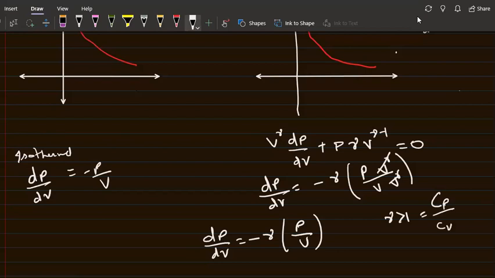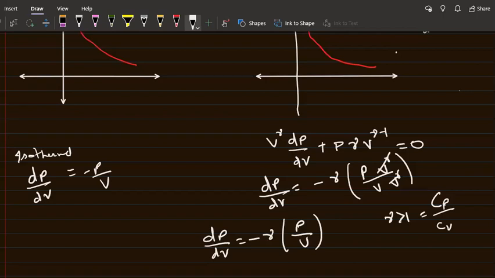So gamma is always greater than 1, so this is always greater than P by V. So whose slope will be greater?